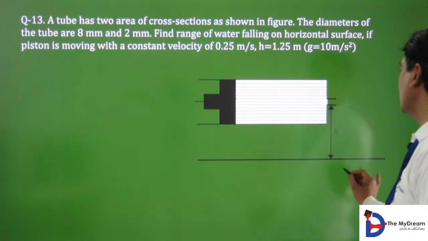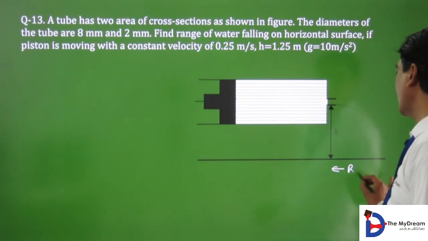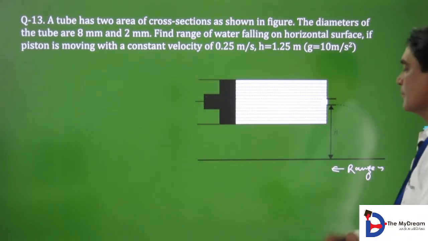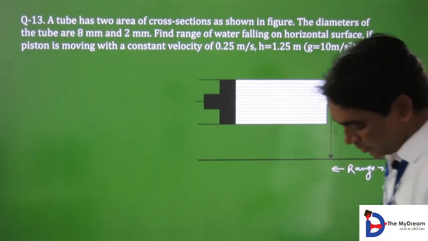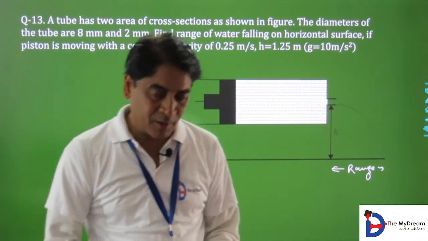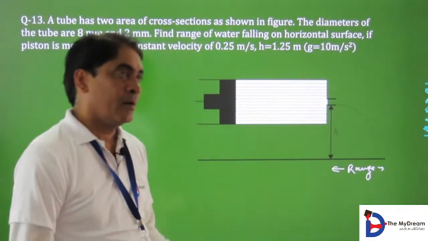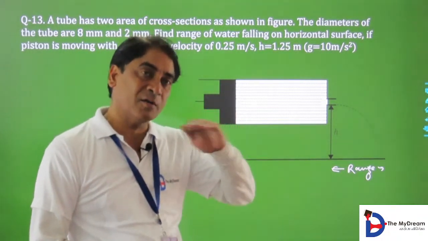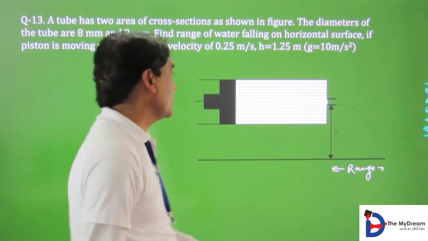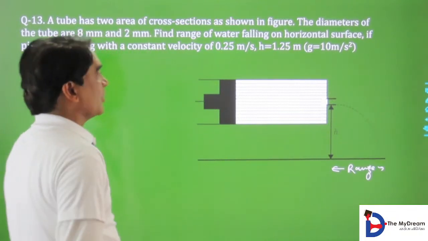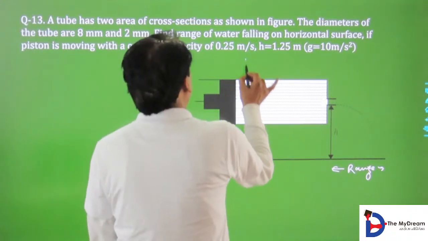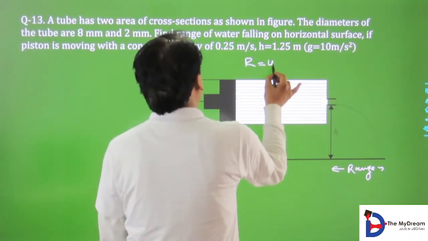It means you want to know this kind of range, as you have read in projectile motion. When an object is thrown horizontally from a certain height, then R is equal to Ux into T.